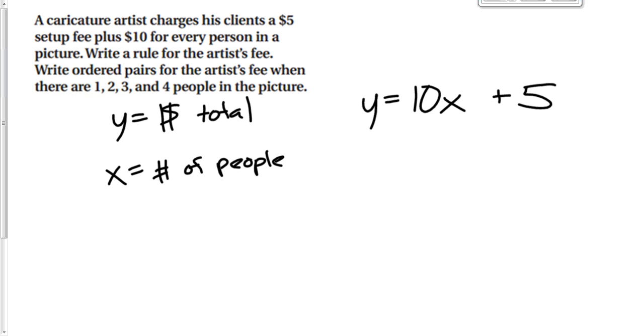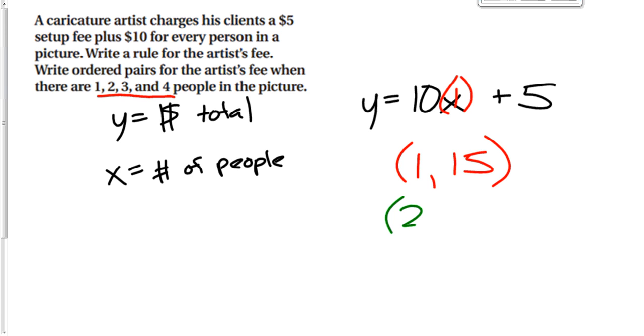All right, meaning then we can figure out some ordered pairs, and that's what they want us to do here. Figure out the ordered pairs for 1, 2, 3, and 4 people. Well, if we have one person, then I'm going to do 10 times 1 plus 5, or 10 plus 5, which is 15. So one person will be $15. That's a point that could be graphed. If there are 2 people, that's going to be 10 times 2, this is exactly the one we were just talking about. 10 times 2 is 20, so let's put 2 in there, plus 5 is 25.